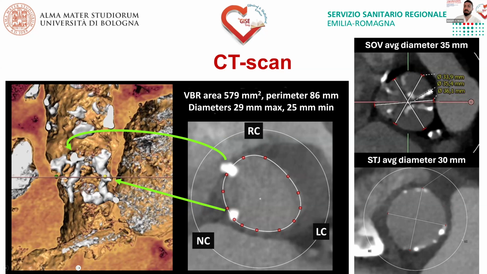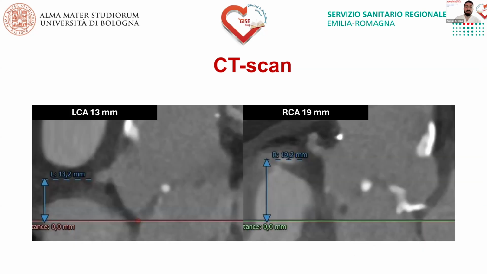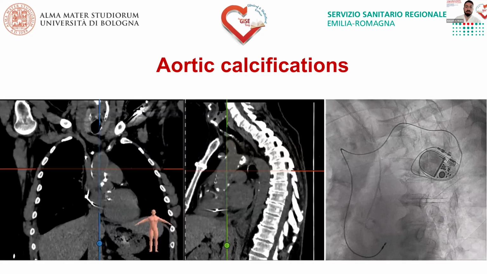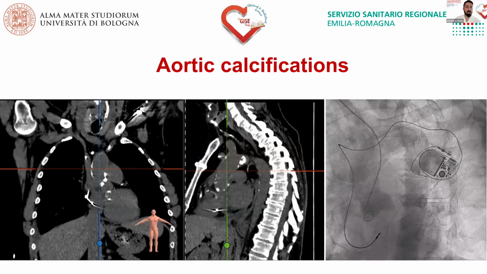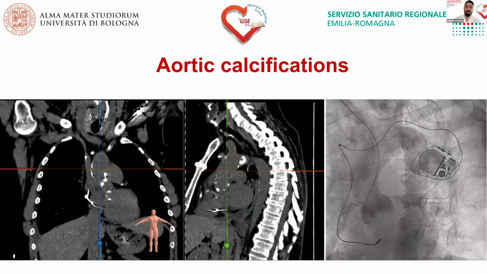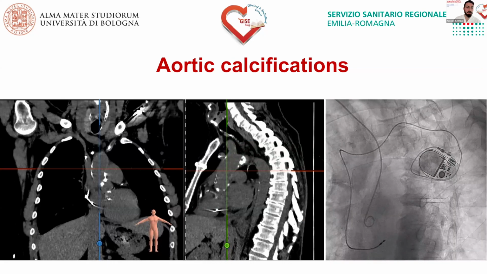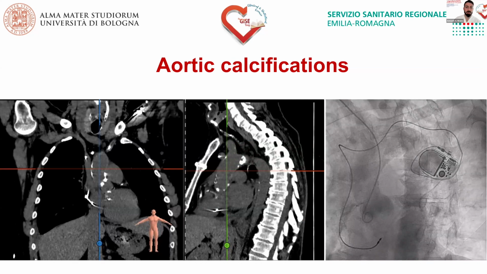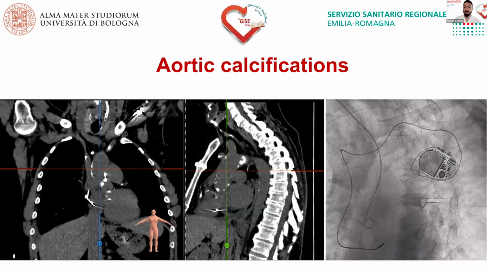The average diameter of Valsalva sinuses was 35 and at STJ 13. The coronary arteries were not low. And as you can see here, he had some important calcification of the aortic wall, but we could not define this as a real porcelain aorta. But of course, this is not an easy clamp for heart surgery.